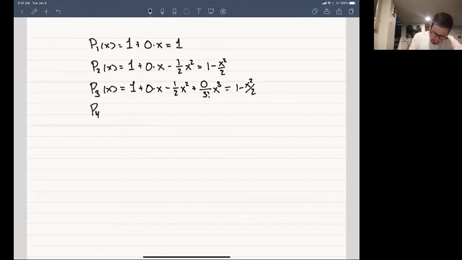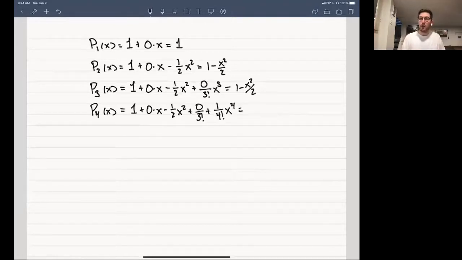So the fourth order Taylor polynomial, this is 1 plus 0 times x minus 1/2 x squared plus 0 over 3 factorial, and then plus 1 over 4 factorial x to the 4, which, after knocking off all of the odd terms, is 1 minus x squared over 2, and then plus x to the 4 over 24, which is 4 factorial.